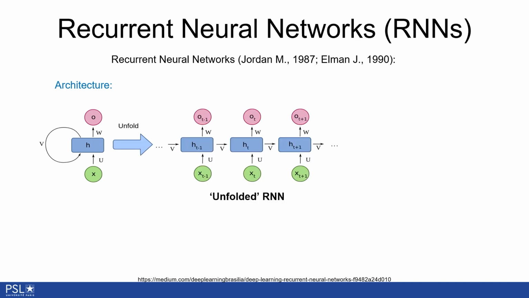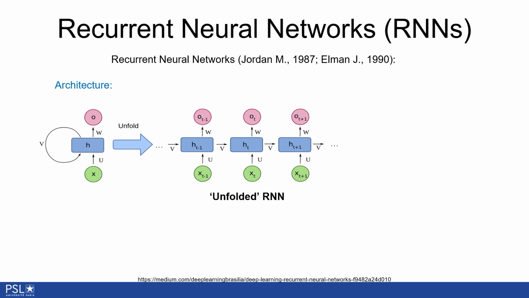A more convenient way to visualize these dynamics is by unfolding the network across time. In this description, we explicitly draw the different time steps during the processing of the sequences. Here, we see the input at time t, x_t, projecting onto the hidden state at time t, h_t. h_t also gets as input the hidden state from the previous time step, h_{t-1}.